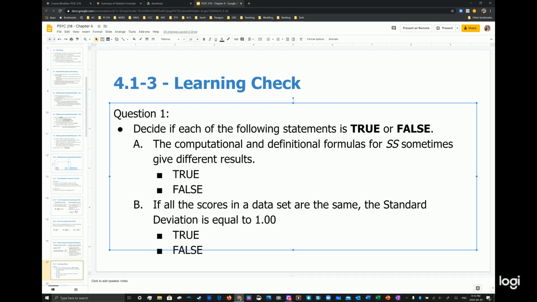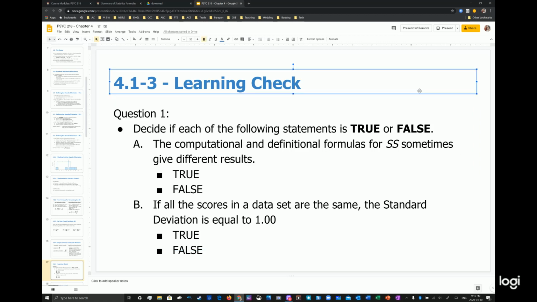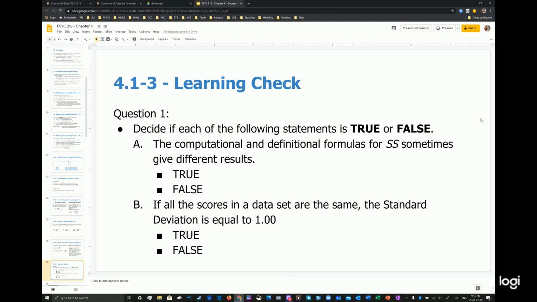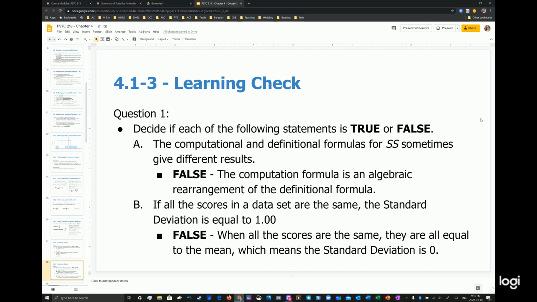And what do you think? Again, review the definition for sum of squares and think about what happens if the data is all the same scores, and check. If you answered false to the first one, you're right. Remember, especially if you have tried to derive the proof for the computational formula for yourself, it is an algebraic rearrangement.